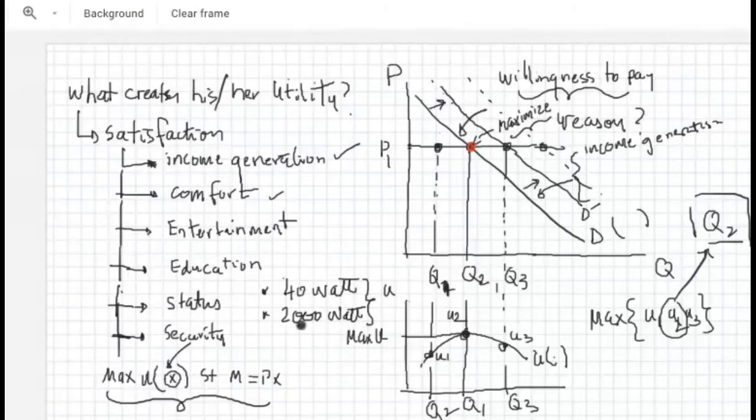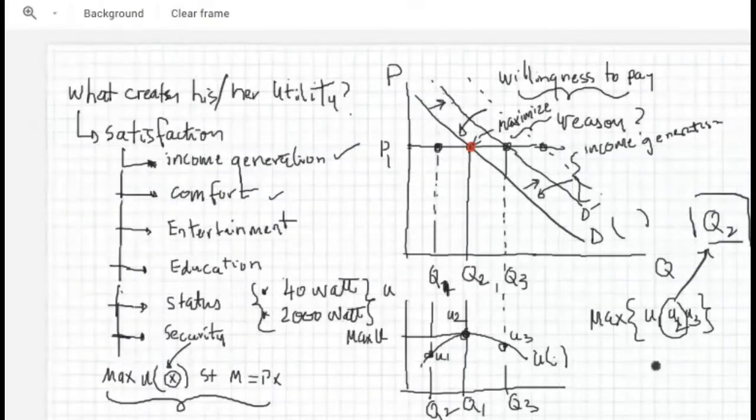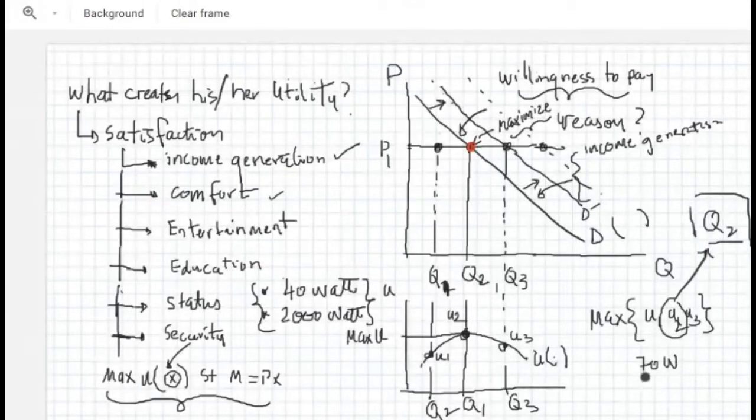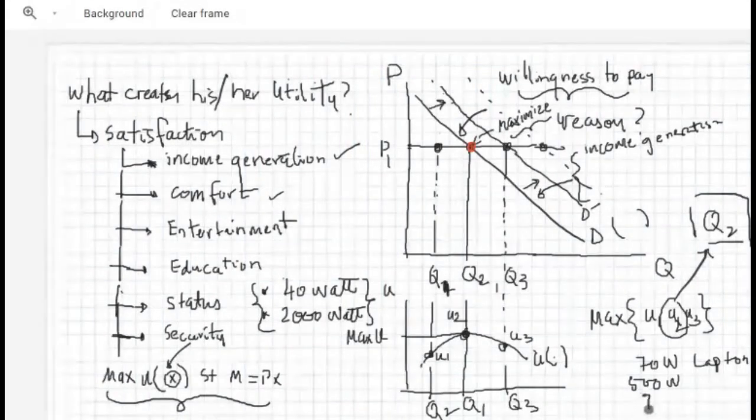Because my laptop itself is taking 70 watt. The light in my house, in my room, in everybody's room, probably taking another 500 watt. The fan, every fan is taking about 70 to 80 watt.